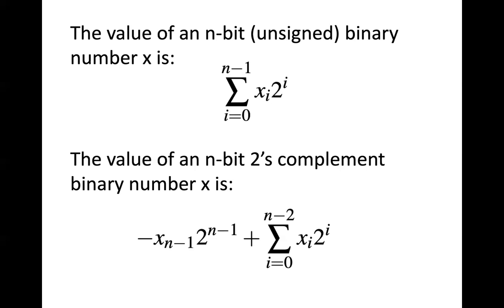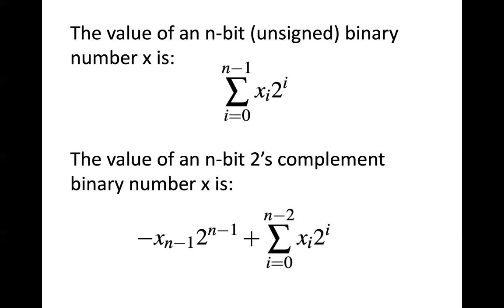Okay, so the other thing we can look at is how to determine the value of a 2's complement number that's the same size. It's exactly the same formula, except that instead of the most significant bit contributing a large positive value, we've stripped off the term for the most significant bit, and we've placed it in a separate term where it contributes a large negative value. That is to say, only if that bit holds a 1. If that bit holds a 0, then we have 0 multiplied by the large negative value, and it doesn't contribute anything.